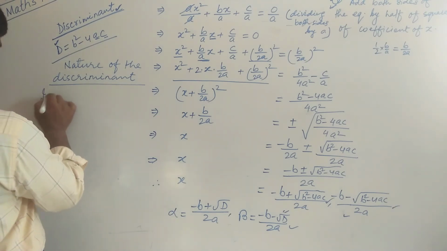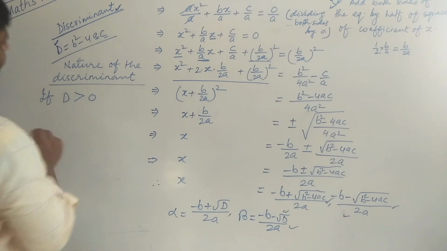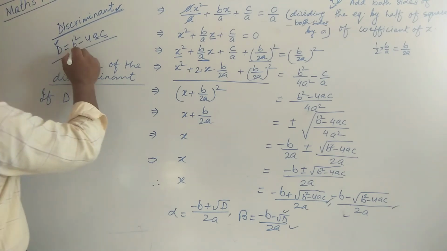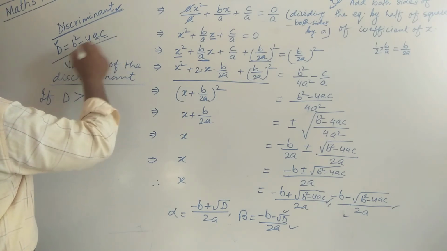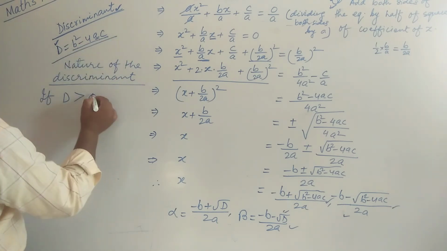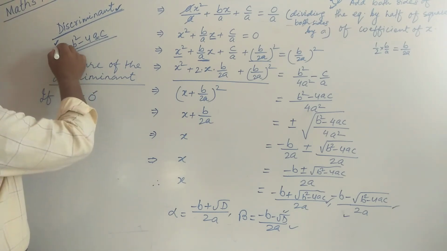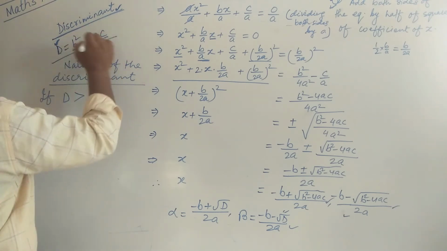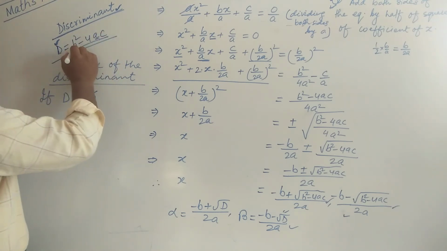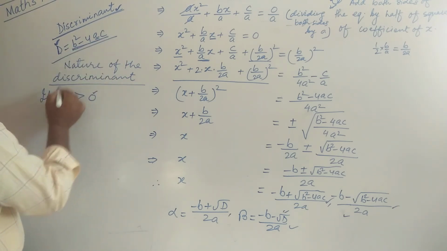If D is greater than 0, meaning when you find D after putting the values of b, a and c, and you calculate, when you get any positive number, obviously that will be greater than 0.